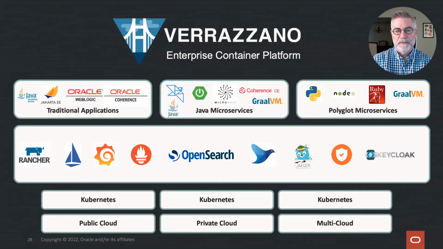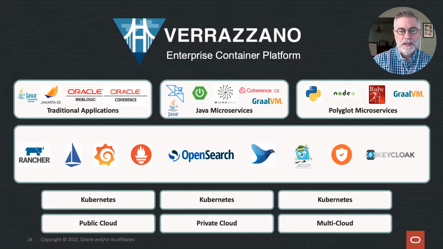It is made up of a series of open source components. Some of these are from community-led projects. Some are from Oracle-led projects. We take the source code, scan for vulnerabilities, build from source, and then we make this available as a platform.